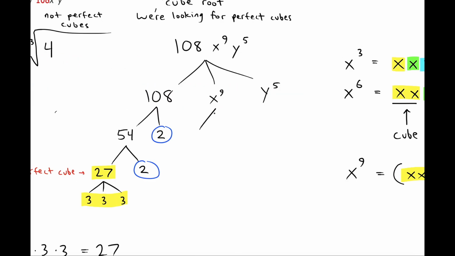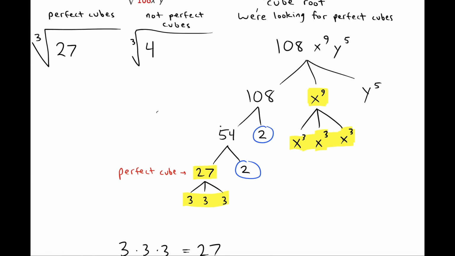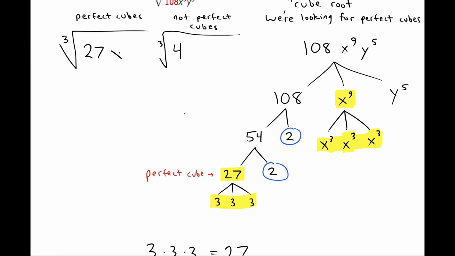So x to the 9th is made up of x to the 3rd times x to the 3rd times x to the 3rd. And it is a perfect cube. For that reason, the entire x to the 9th will go under the left radical for perfect cubes.